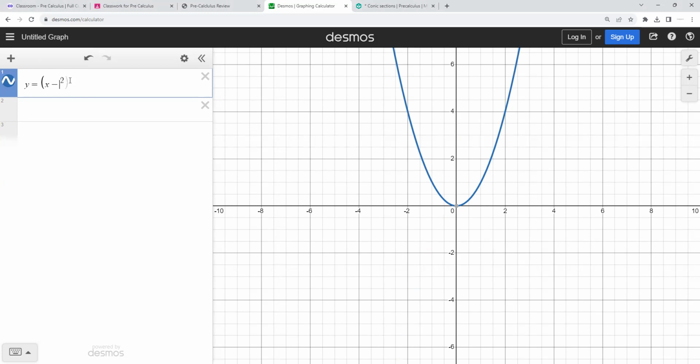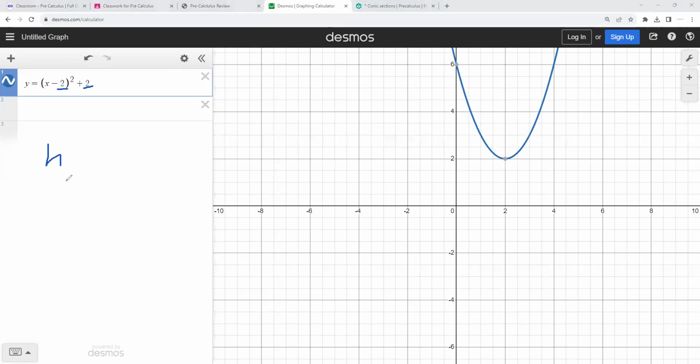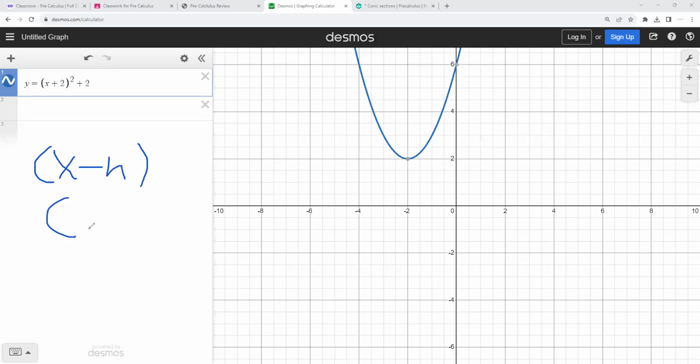And so you can change the vertex by changing vertex form, right? They teach you that in Algebra 1. Let's say I want to make the vertex 2, 2. I do my (h, k), which is the vertex, or whatever you want to call it. There's my vertex, right? I can make this a -2 by putting a positive sign there. The reason is, when you plug in the formula, it's x minus h, right? So when you plug in a -2, it becomes a negative, which becomes a positive.